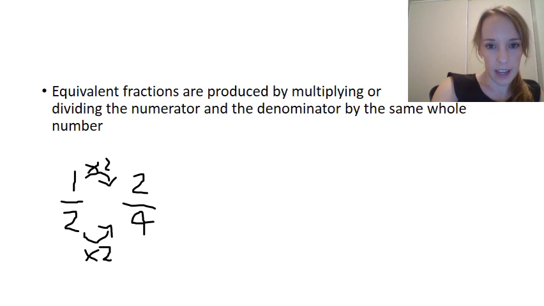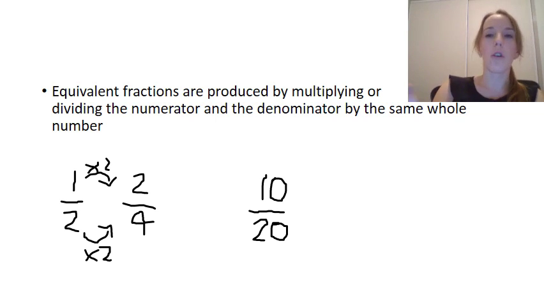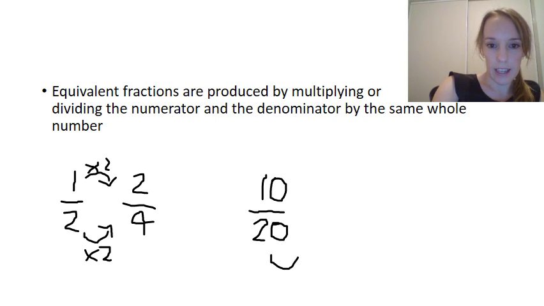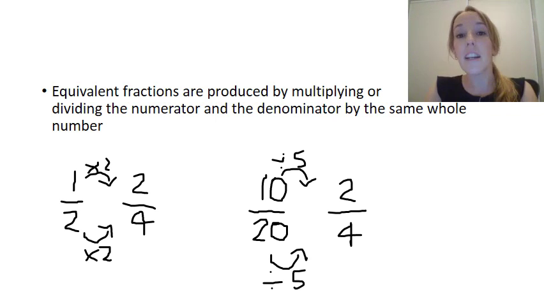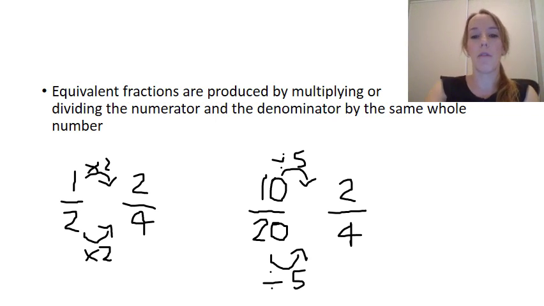So for instance, if we had 10/20, we can create an equivalent fraction. So let's say we divided both sides by 5. Divide by 5. So 20 divided by 5 is 4, 10 divided by 5 is 2. So that means 10/20 and 2/4 are equivalent fractions.